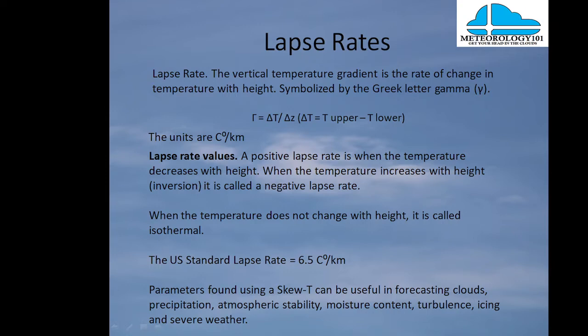And then, like I said, instability, winds, turbulence. Turbulence, you're going to look at the wind bar on the side. Depending on what the wind speed is or direction, mainly the wind speed, if you go up the chart and the wind speed starts changing, a certain speed per 1,000 feet, or say from the 850 to the 700, what's the change in wind speed per height, to determine if you have moderate, severe, light, whatever turbulence.